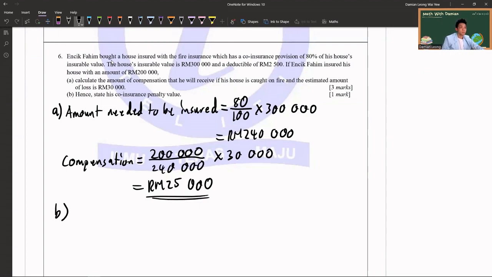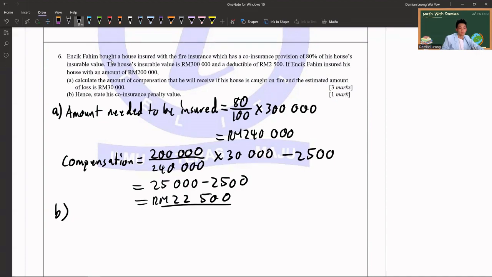Oh, sorry, my bad. We have to also minus the deductible 2,500. If you miss that out, you won't get the full marks. That's why there's 3 marks. This part is 1 mark, final answer, 1 mark. So it's 22,500 ringgit.